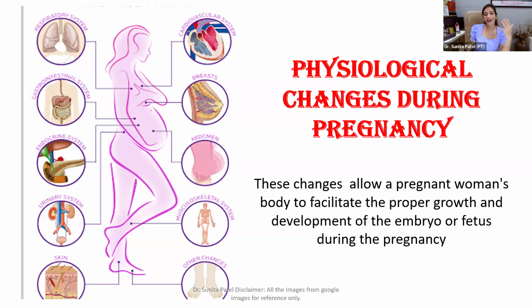Once that is happening, we can understand that further on, when the baby starts growing, there will be specific growth of the uterus, and due to that, there will be changes in the fascia, abdominal muscles, or pelvic floor muscles. Muscular changes are again a physiological change which is going to start from the fourth month, second trimester.